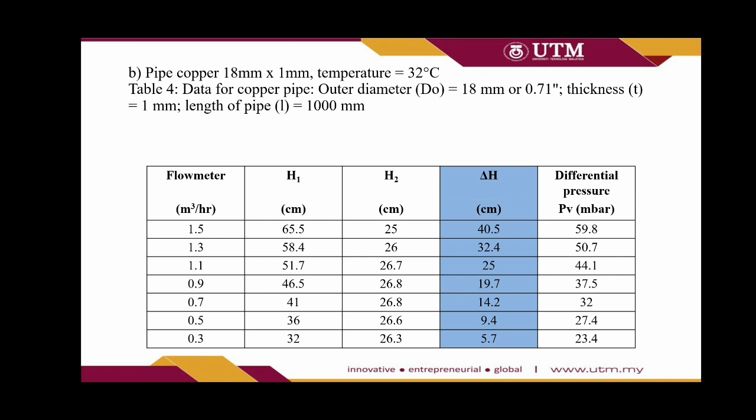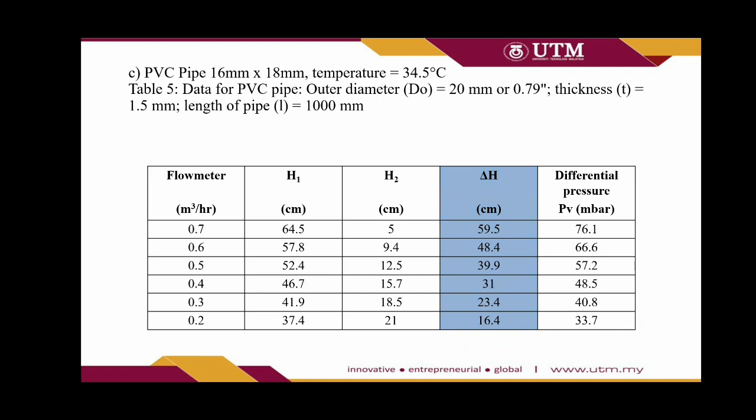For pipe copper, the flow meter at 1.5, the differential pressure is 59.8, 1.3 is 50.7, 1.1 is 44.1, 0.9 is 37.5, 0.7 is 32, 0.5 is 27.4, 0.3 is 23.4.